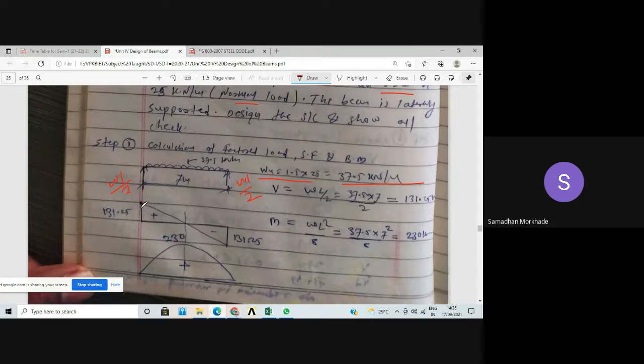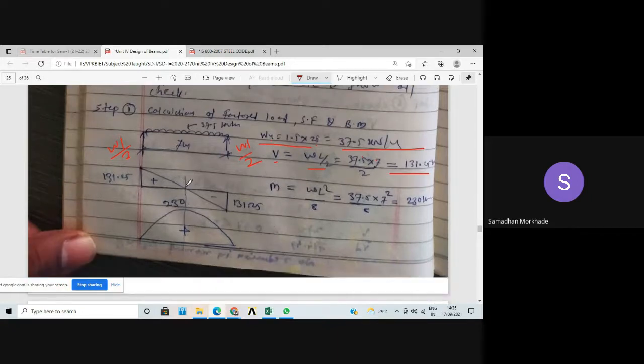Since it is a complete UDL, your shear force diagram is like this. So V, the shear force, is equal to WL by 2. W is your factored UDL, 37.5, into span 7 meter divided by 2, which is 131.25 kilonewton shear force.